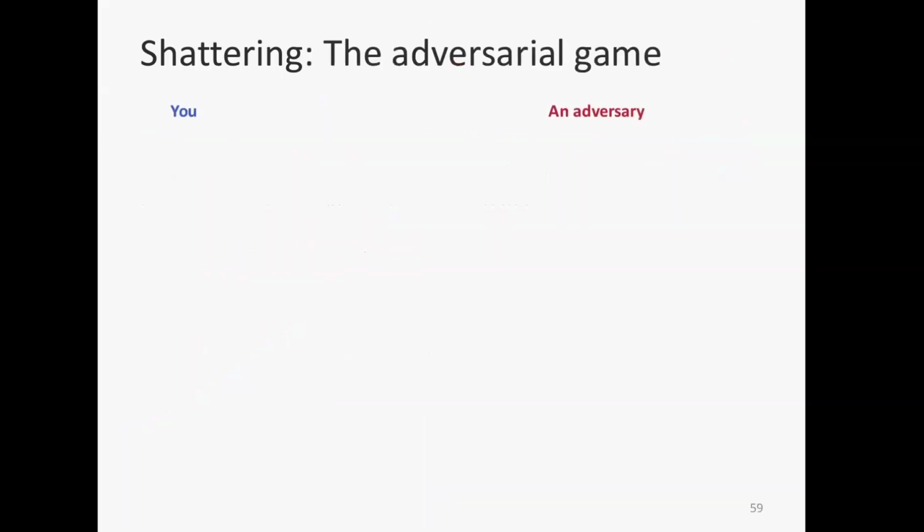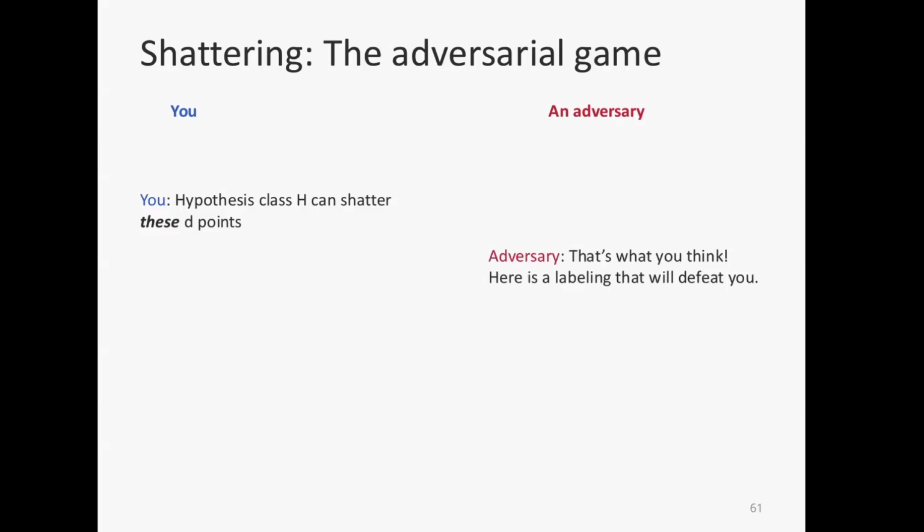Shattering can be seen as an adversarial game between you and an adversary. You claim that your hypothesis space H can shatter these D points. And your adversary is now trying to defeat you by assigning a set of labels to your points that cannot be matched by your set of functions.